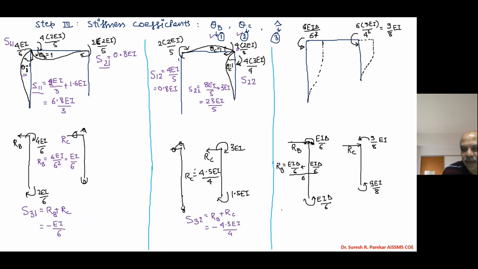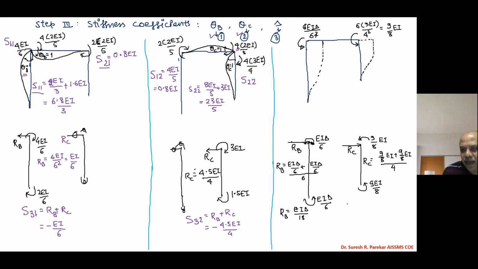And then from this we will get value of RB that is equal to EI delta by 18. And then RC, we will get it as RC equal to 9 by 8 EI plus 9 by 8 EI divided by 4.